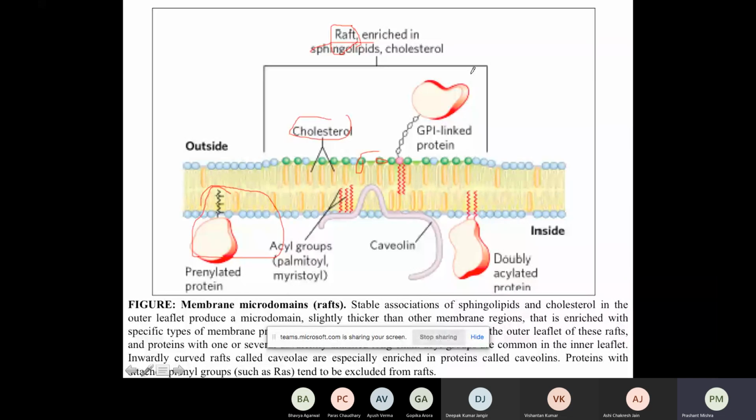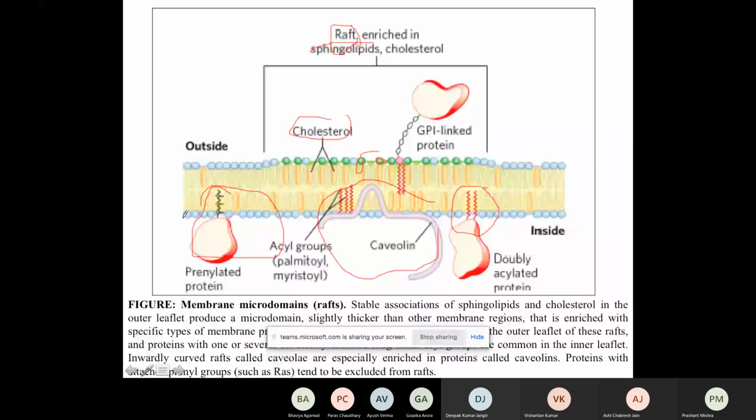And that is why they have distinguished that, for example, in outer raft you find GPI linked, in inner raft you find caveolin. But if in this area you analyze and find that sphingolipid and cholesterol is not rich, we don't consider it a microdomain. Same way here. So the important thing is that a microdomain is enriched with sphingolipid and cholesterol.